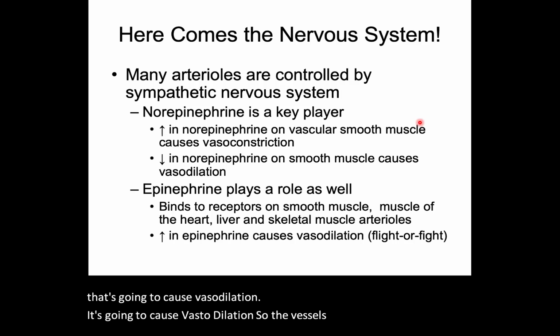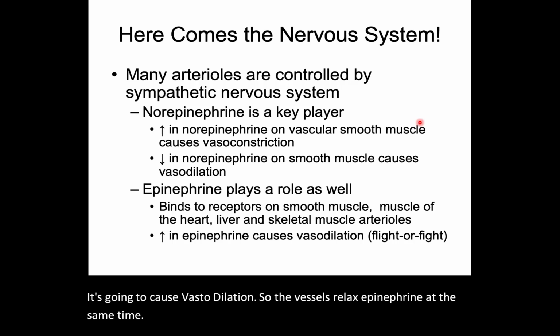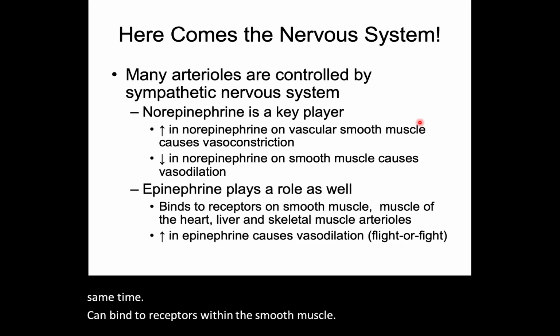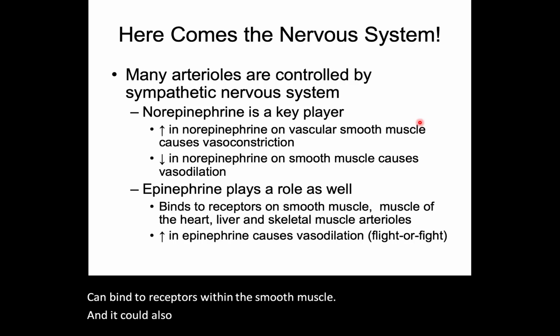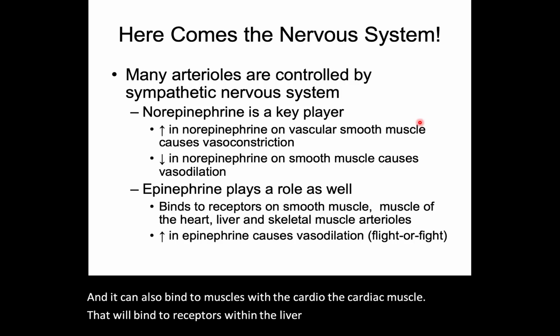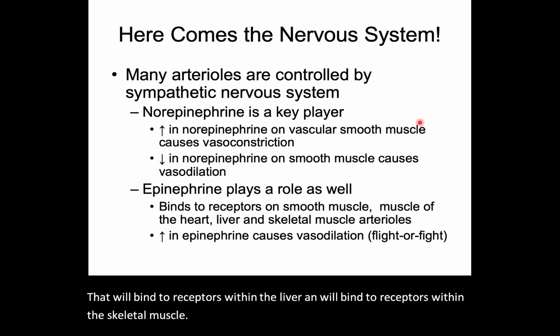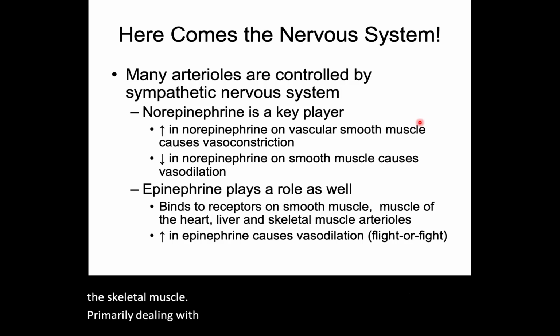Epinephrine, at the same time, can bind to receptors within the smooth muscle, right? And it can also bind to receptors within the cardiac muscle. It will bind to receptors within the liver and will bind to receptors within the skeletal muscle, primarily dealing with the capillary beds.